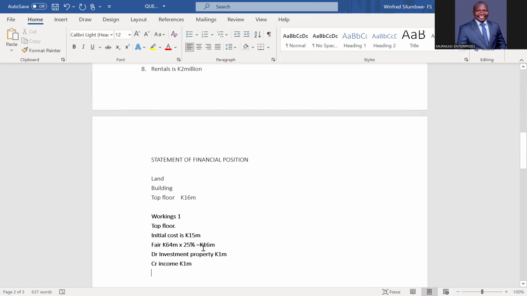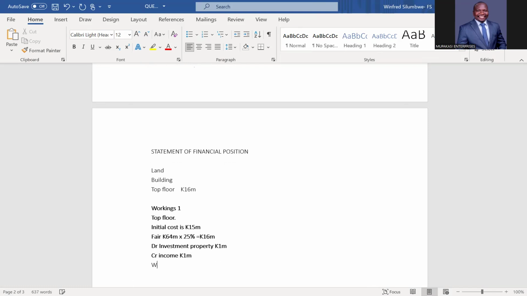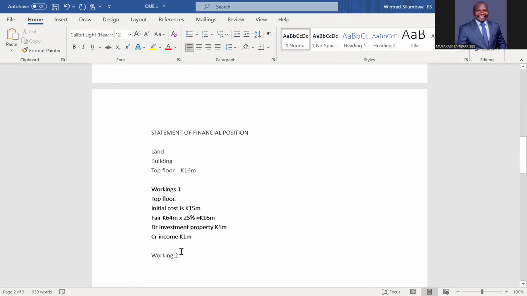Let's go to land. Working number 2. We say land, under land here, the initial cost is what?